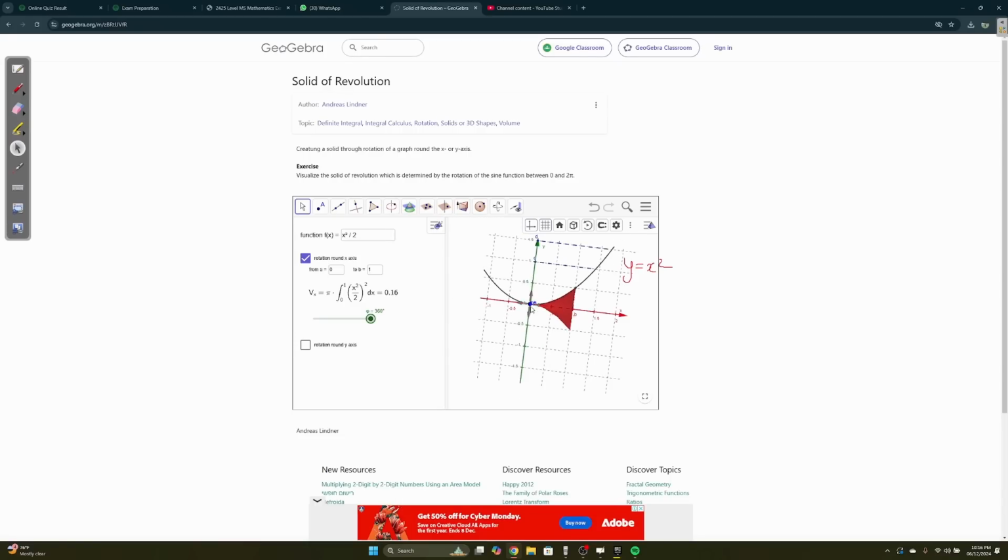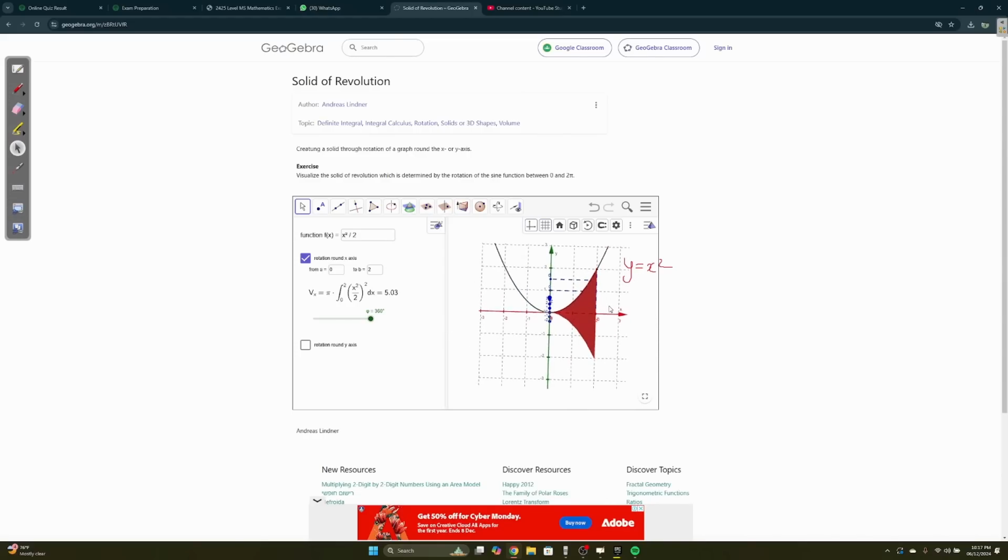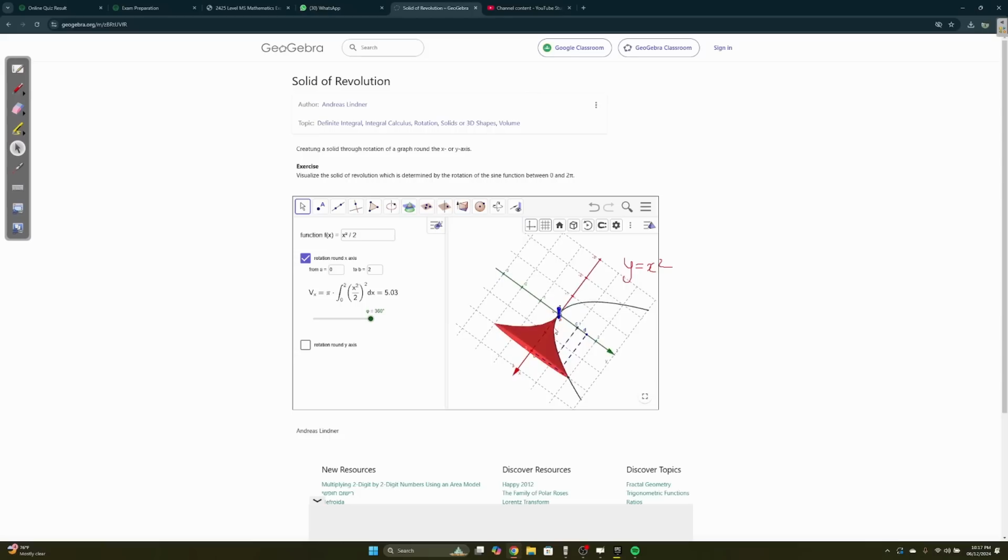It doesn't have to be from 0 to 1; you can put it from 0 to 2 and see how big it becomes. Zoom out a bit. You get what I mean? You took this y equals x squared and turned it around the x-axis. This is how it looks, and it has its formula, of course.